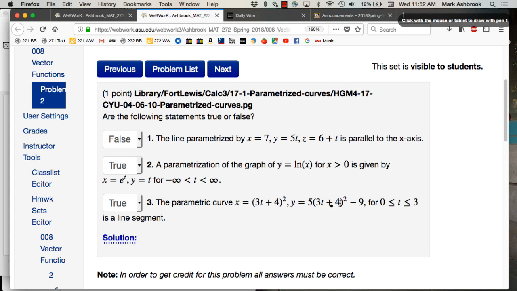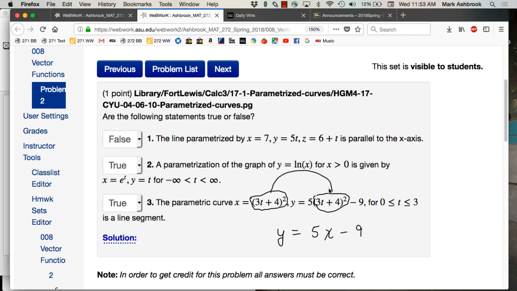So yes, the t's are squared, but if you look at what's going on here, you have x equals this thing, and then y equals 5 times that thing minus 9. So if you were to eliminate t, it would be y equals 5x minus 9, because x is this. This is x right there.